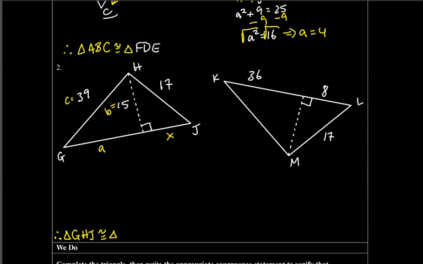Okay, so A squared plus B squared equals C squared. A is what we're looking for, plus B is 15 squared equals 39 squared. A squared plus, that is 225 equals, I believe that's 1521.